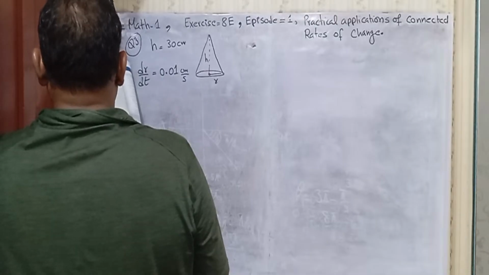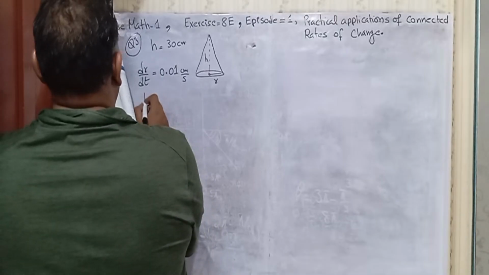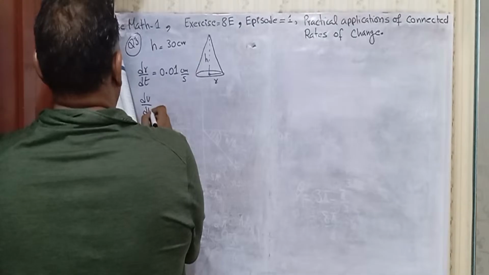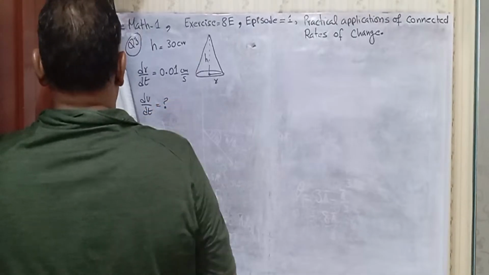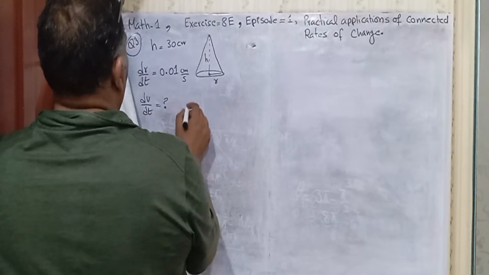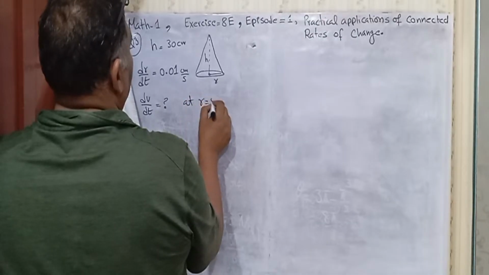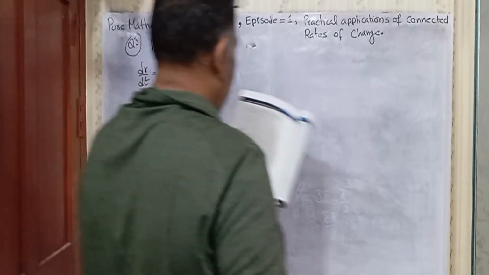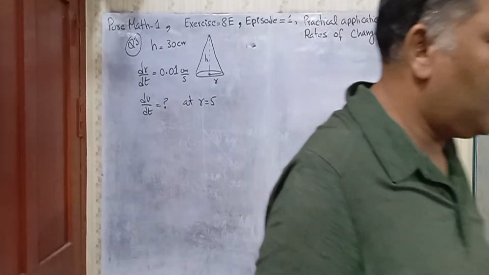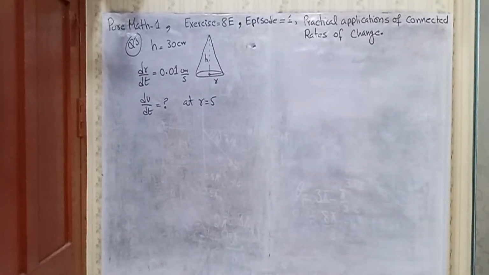We have to find the rate of change of the volume, dV by dt, at r equals 5. Very simple, straightforward question.